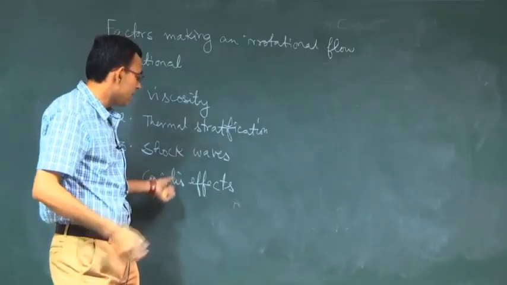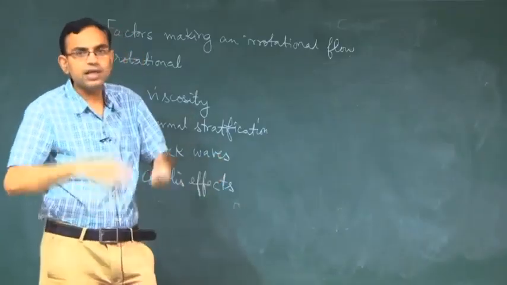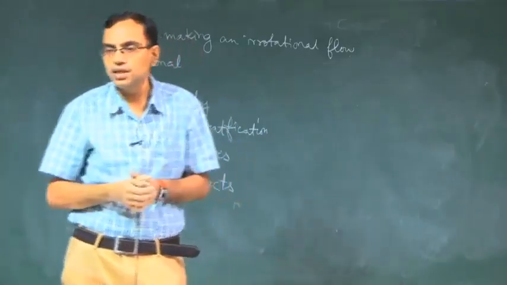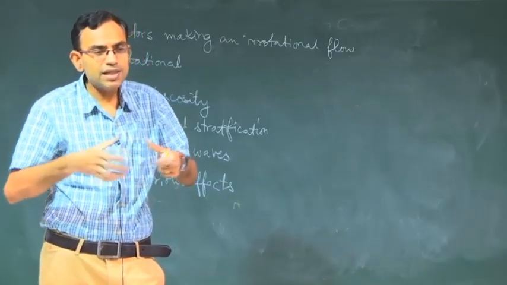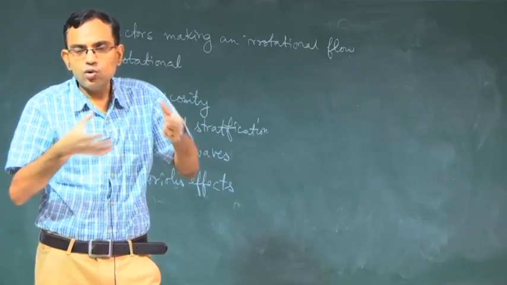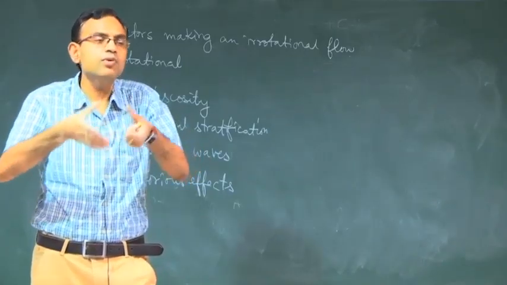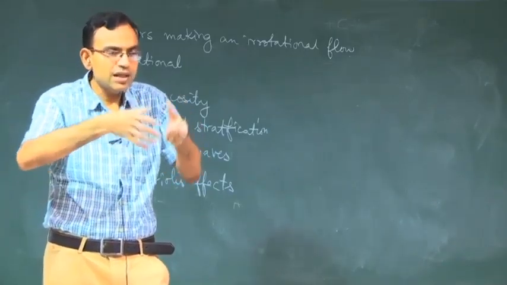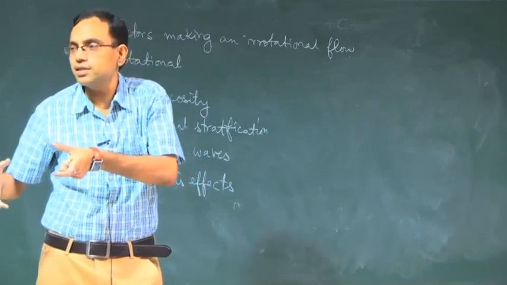And the Coriolis effect, we will discuss this in some detail later on, but this is such an effect because of which, for example, the ocean current in the northern hemisphere moves in a certain direction and in the southern hemisphere moves in another direction.